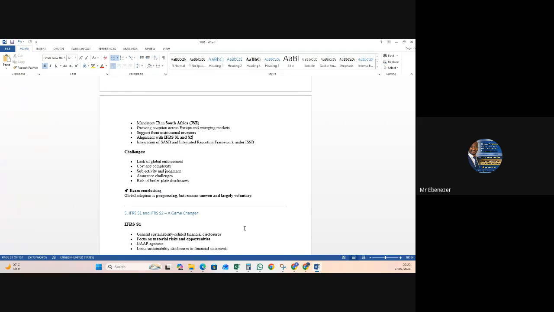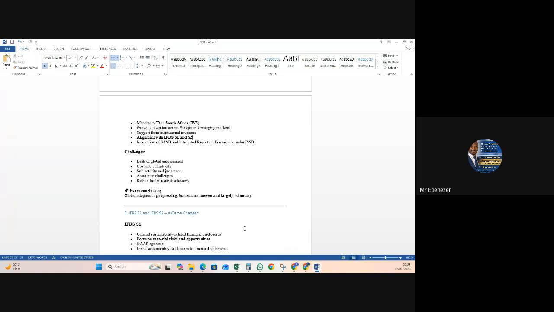And the cost and complexity that is involved, it is expensive and it is complex. Imagine having to prepare a report on sustainability. Then also it is subjective and judgmental. Subjective in the sense that you only write what you want people to see.